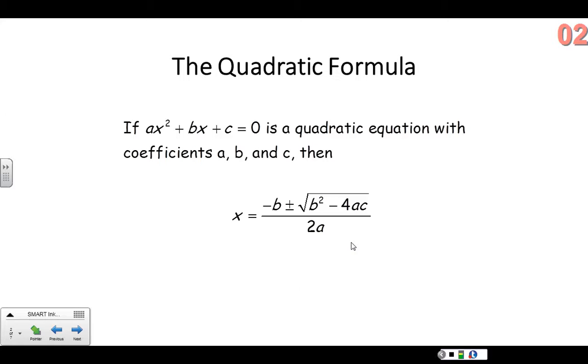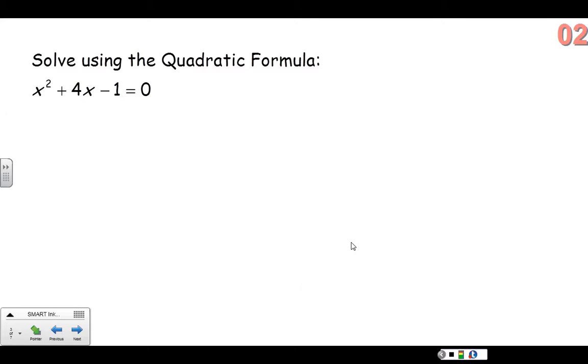So let's use this formula to solve a quadratic equation. In this one we have this quadratic equation in standard form. In this case, my a would equal 1. The coefficient of your x squared is 1. The b would equal 4. And the constant c is equal to negative 1.